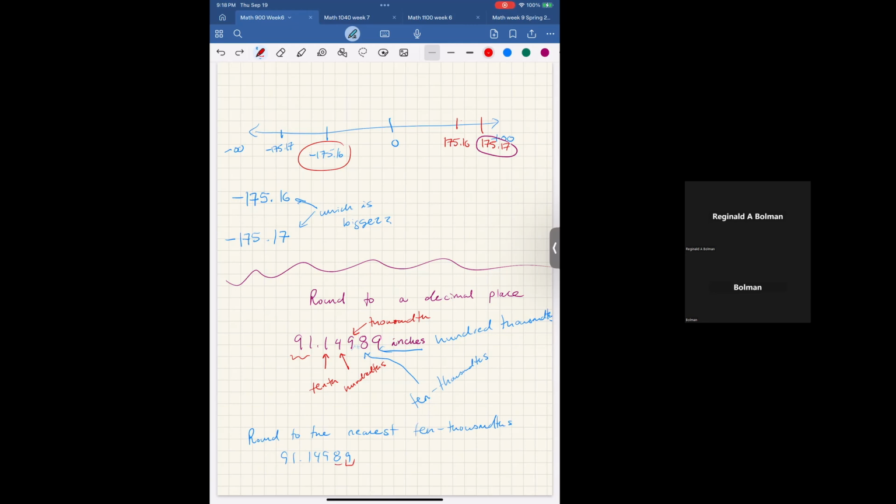In this instance, we have a 9. 9 is bigger than 5, so we know we need to round up. We are going to round up by first lobbing off this 9 and then adding a 1 to our 8, giving us a 9. So our new answer is 91,499. And that's pretty good.